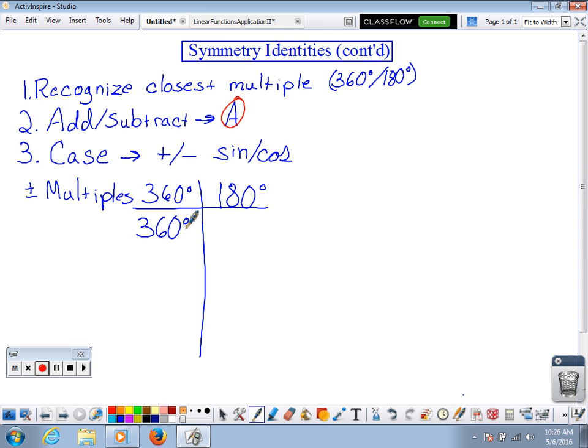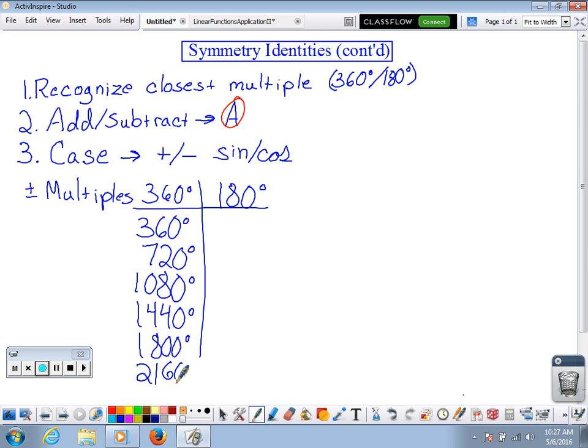Obviously, there's 360, 720 degrees, 1080 degrees, 1440, 1800, and 2160 degrees. If you're seeing numbers bigger than that, that's just excessive.